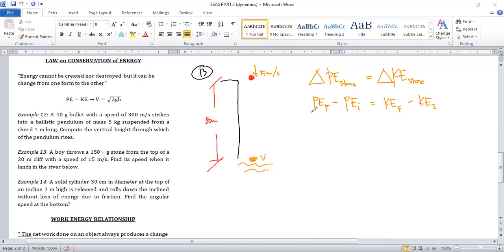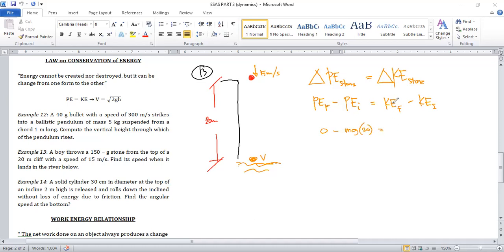Okay, so the final potential energy would be 0, because the height with respect to the river is 0, so this would be minus mg times the height of 20 meters.